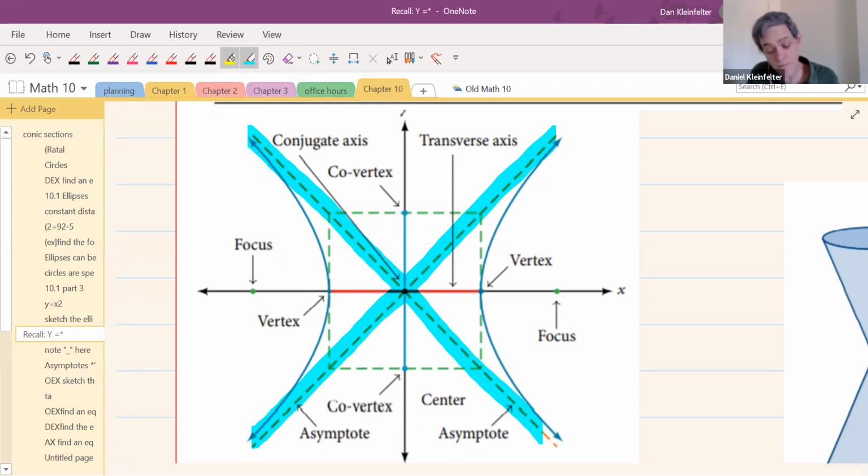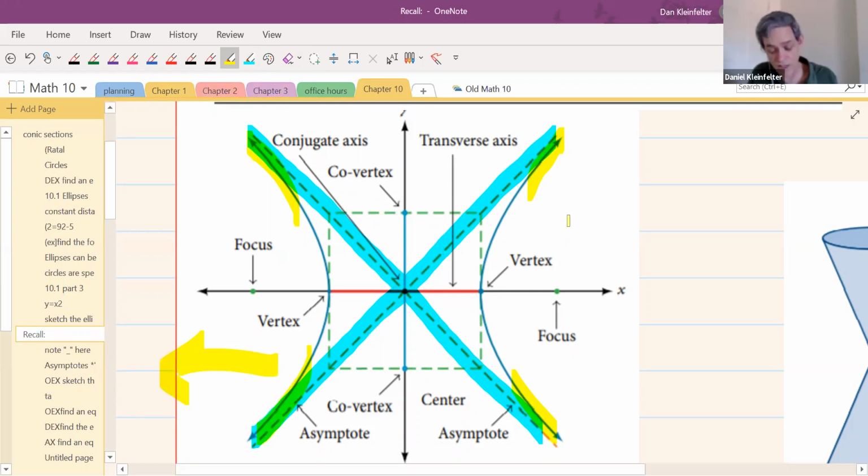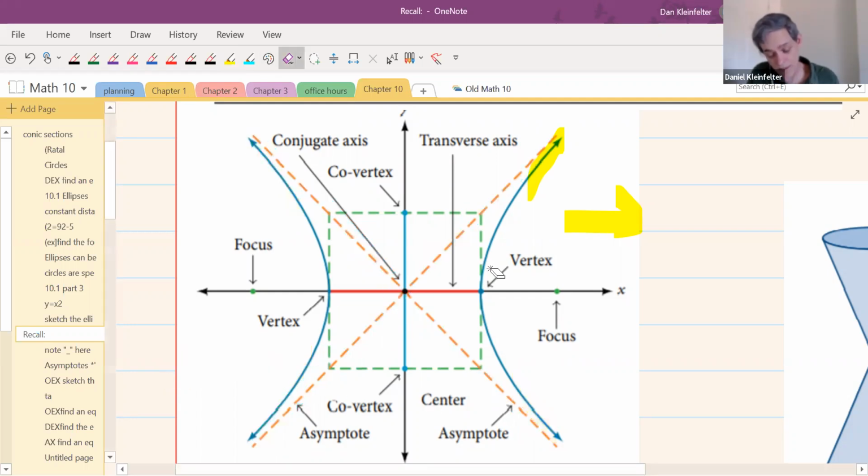The graph of the hyperbola itself gets really close to the graph of the asymptotes as x goes towards negative infinity or towards positive infinity. The two asymptotes intersect at the center of the hyperbola. Notice that the hyperbola itself does not pass through its center. Here it's centered at the origin, but the hyperbola itself is only these two branches that open sideways. So you'll get more familiar with that as we proceed.